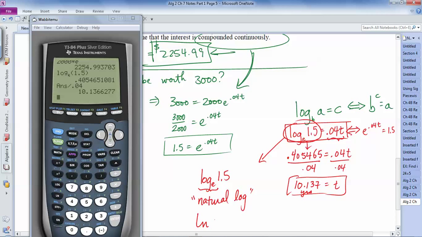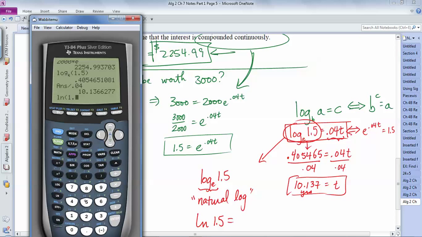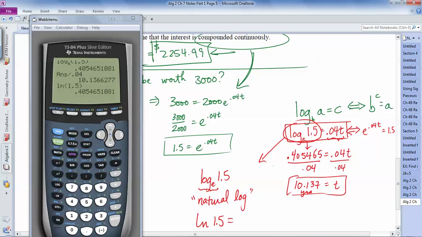I don't know, maybe it was from some other language where n would come after. But it's the natural logarithm of 1.5, and that has a special button, located right here next to the 4. ln of 1.5. And notice it's the same 0.4054. So it's the same thing. It's this right here.